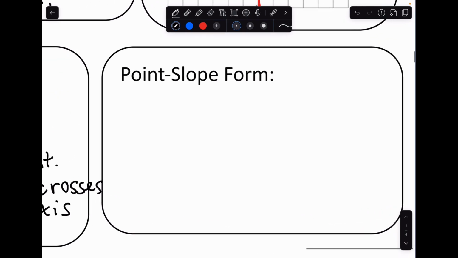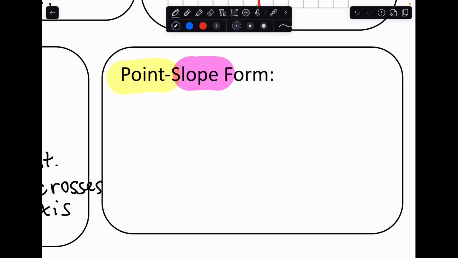Now our point-slope form comes from one point and still our slope. Okay? Remember, these are just two ways of writing the same information, because we can turn our point-slope form into our slope-intercept form if we need to.